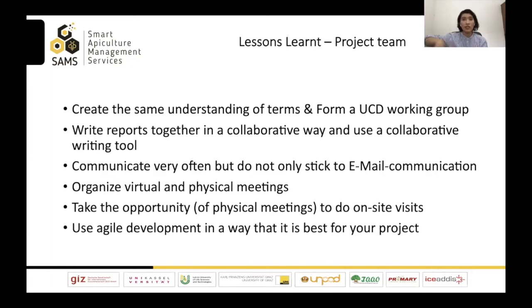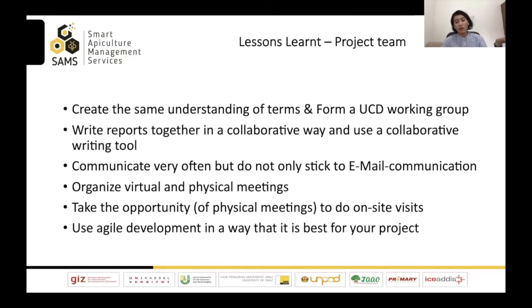Yeah, and following up from Katrin's insight, I also find it valuable for us as a whole team, not only the UCD team but also the technical team, to take some time to do on-site visits, because this experience gave insights on how these beekeepers do their activities on a daily basis.